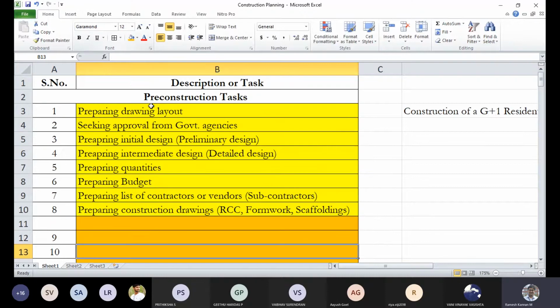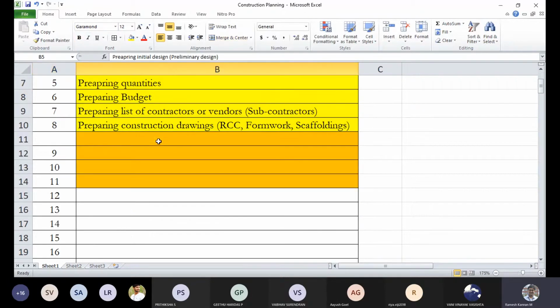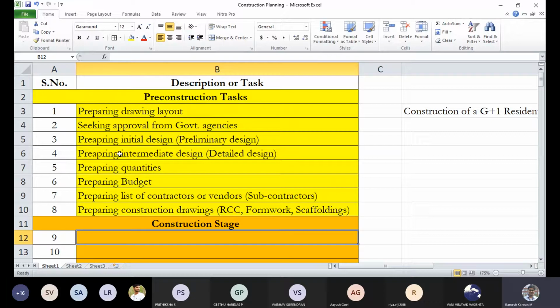Next, we'll talk about something called, let's change the color to orange, something like this. And just for this, I can give something called, okay. Then this is like the construction stage. All right. So what are the things that generally one does?